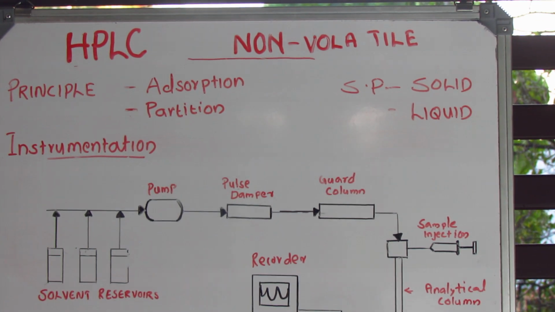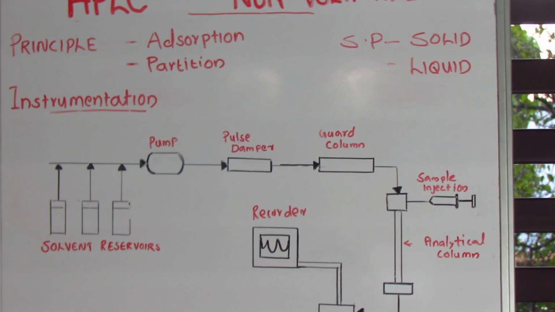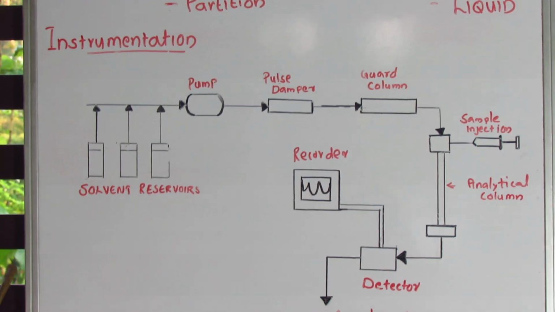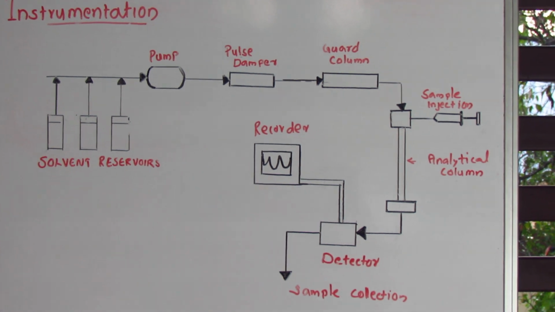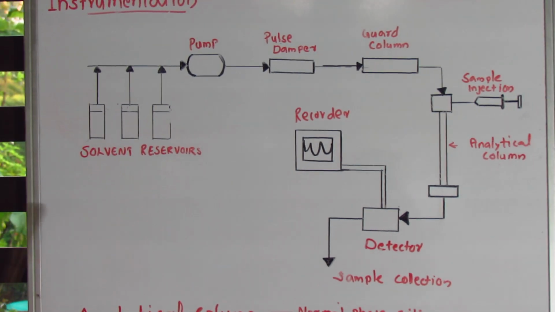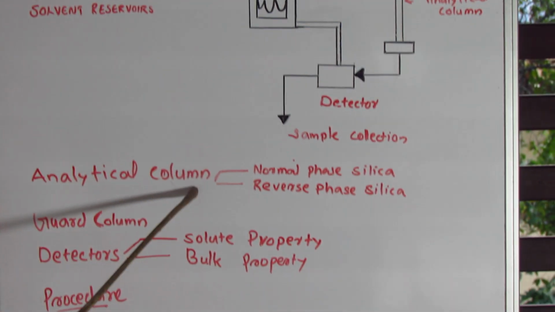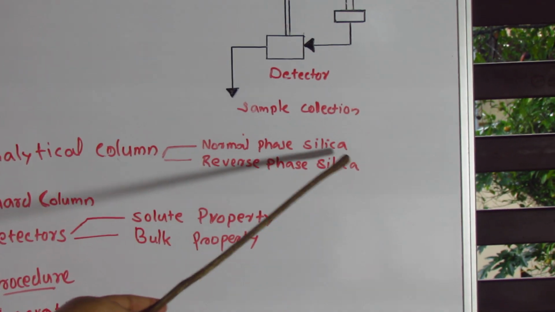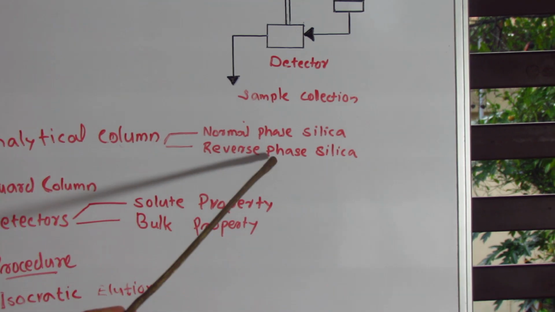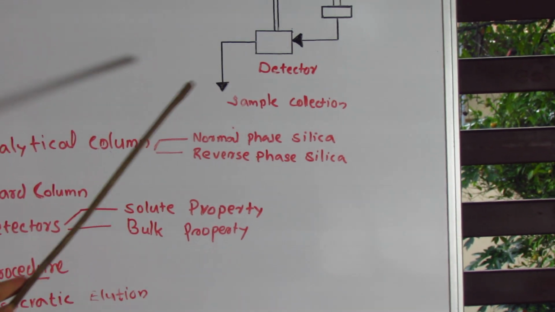It is made up of smooth stainless steel tube, its length is about 30 centimeter and diameter is about 1 centimeter. Two types of column packing can be used in the analytical column: normal phase silica and reverse phase silica.